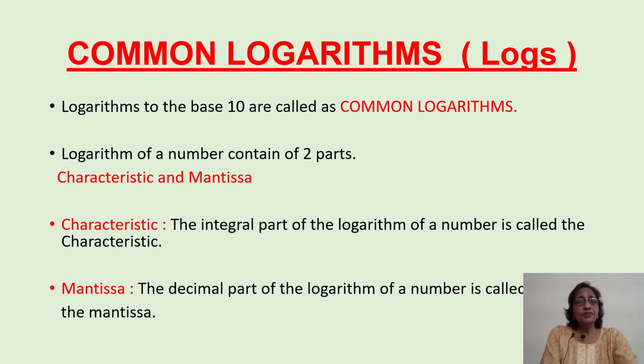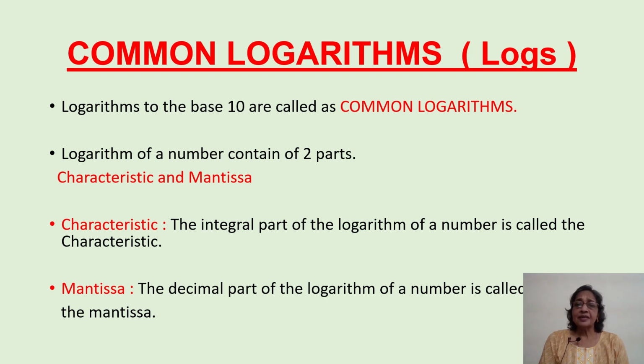The logarithms are all to the base 10. When there is no base given, it is understood to be 10. Logarithm of any given number consists of two parts, the characteristic and the mantissa. The characteristic is the integral part of a logarithm.